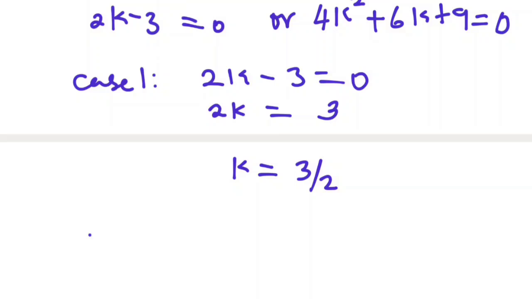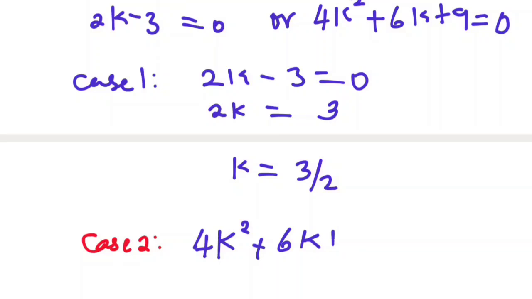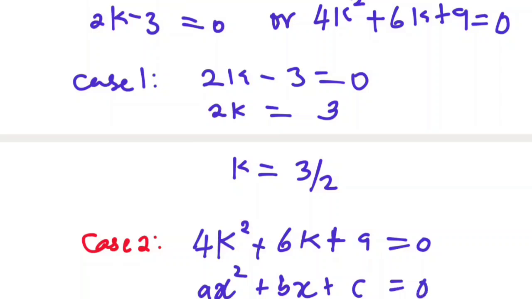Now for case 2, which is 4k squared plus 6k plus 9 equals 0. Now we are going to compare this equation with the quadratic equation ax squared plus bx plus c equals 0.